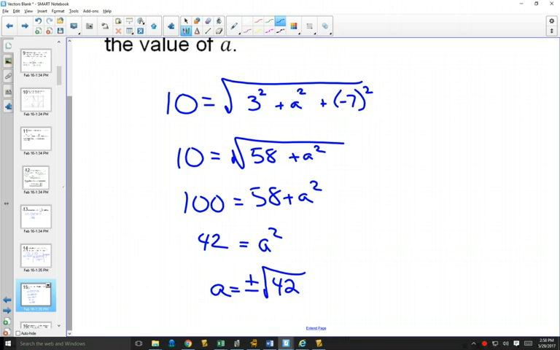How many people know what a perfect number is? Sorry, I threw that out there. No? A perfect number is a number whose factors other than itself add up to it. So the factors of 6 are 1, 2, 3, and 6. If you take all the factors other than itself, it adds up to it. So 1 plus 2 plus 3 is 6.